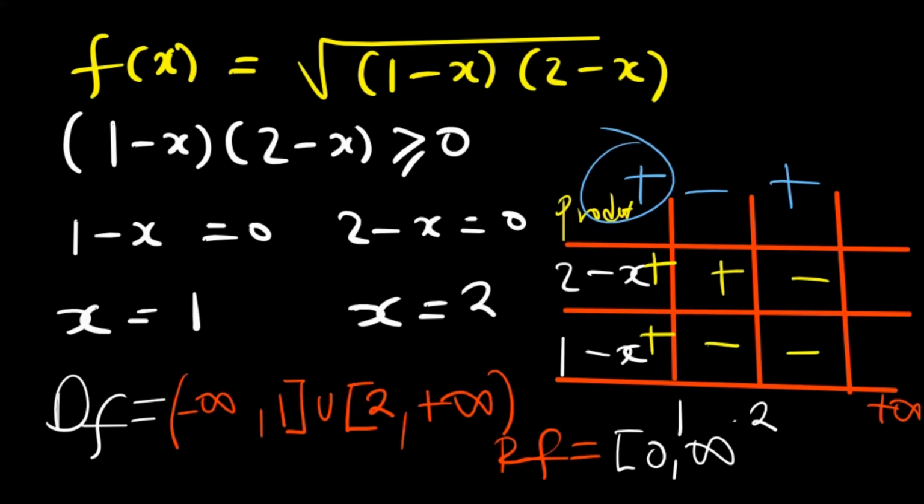Infinity, we always put this symbol because we don't know where infinity ends. But if you get any number that is less than 0, everything is just going to exist for this one, and the range is just going to be from 0 to positive infinity. So this is how we show it for this one.